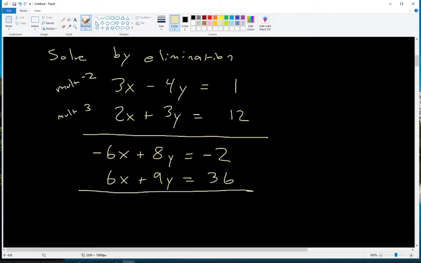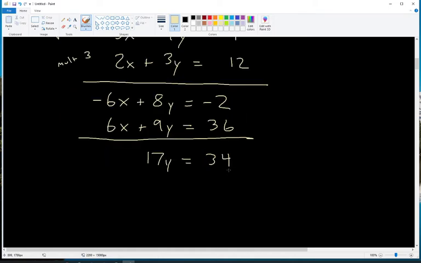The x's are eliminated because -6x plus 6x cancel. 8y's plus 9y's is 17y's, and then that equals 34. So I divide by 17. So y equals 2. All right, so for my solution, I know the y value is 2.